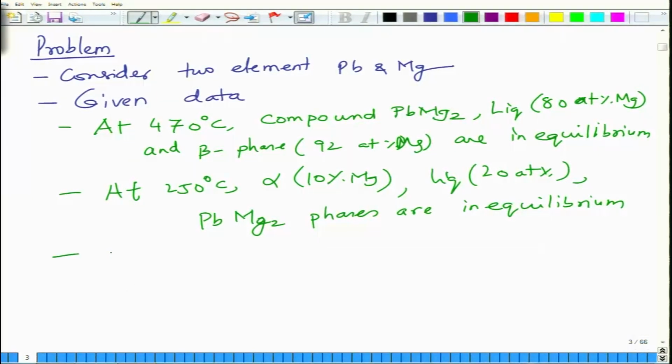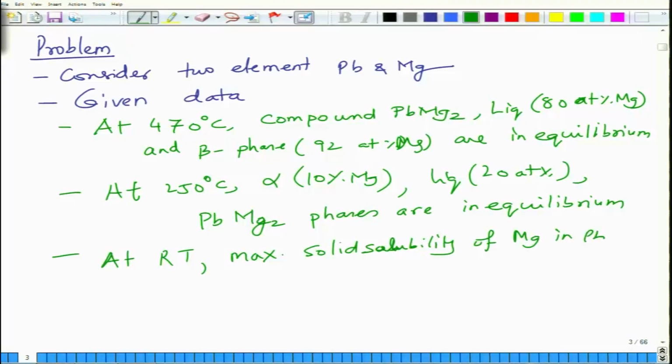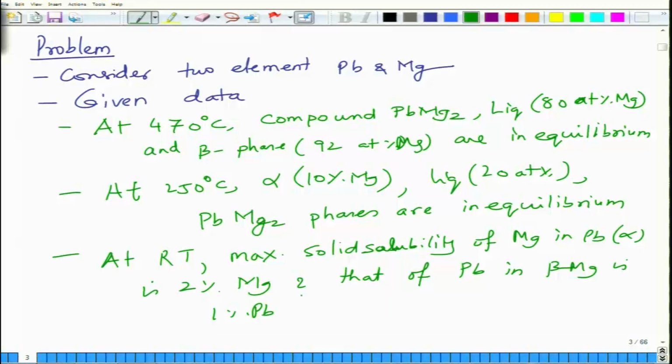Then we have a third scenario: at room temperature, the maximum solid solubility of magnesium in lead, that is alpha phase, is 2%, and that of Pb in beta Mg is 1% lead, that is 99% magnesium.